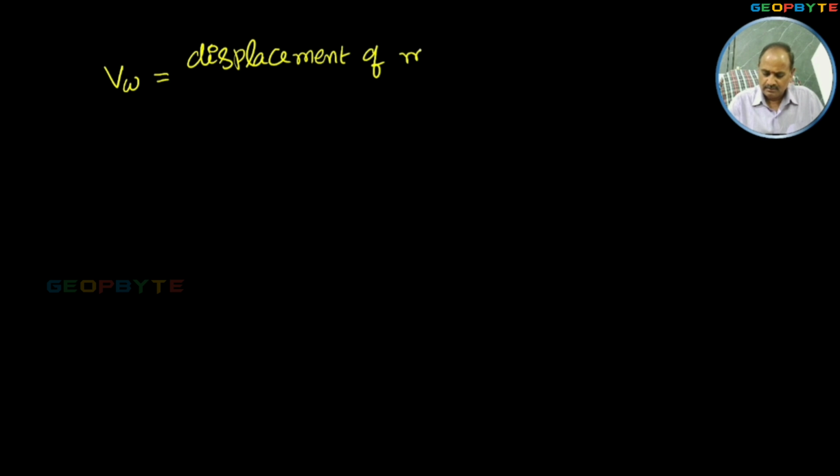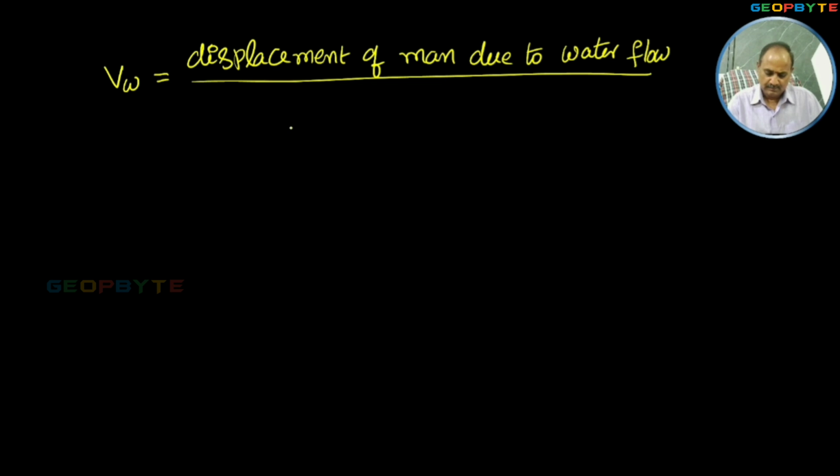Then the river water velocity is equal to the displacement of the man due to water flow divided by the time taken.